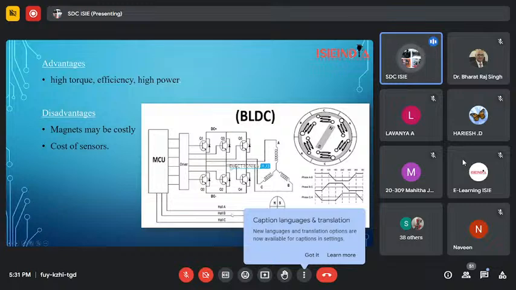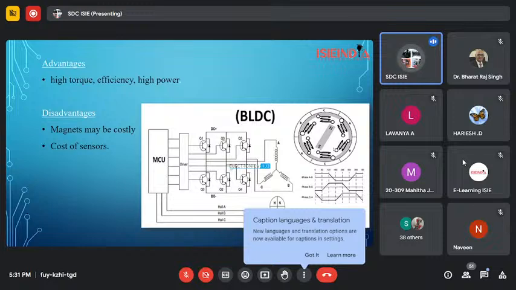If B is activated, it will turn on B and C phase, and if C is activated, it will turn on C and A phase. This kind of trapezoidal waveform will be generated here, and this is also known as external commutation. Whatever the commutator was doing inside the brushed DC motor, the same commutation is done here with the help of power electronics.